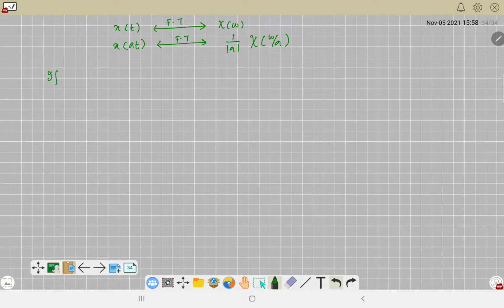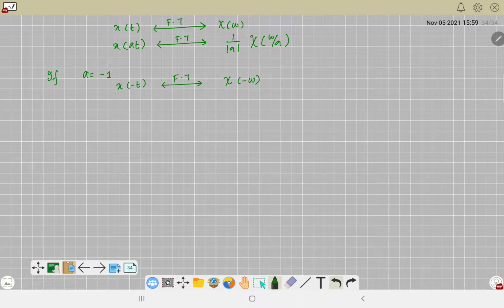Now if I choose a equal to -1, we have a typical case of what you call time reversal. So if a is equal to -1, it will be x of minus t. It will transform to, since magnitude is involved, so it is like this, X of minus omega.